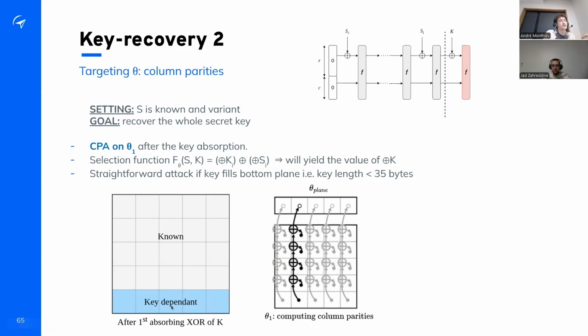In fact, in that case, there is at most 1 bit unknown per column. So 1 blue bit per column. And yeah, just targeting theta1 would directly give you the key bits you would be attacking. Note that this would work only for a key that is less than 35 bytes. Here we take into account the byte padding rule. Yeah, so that was key recovery 2.